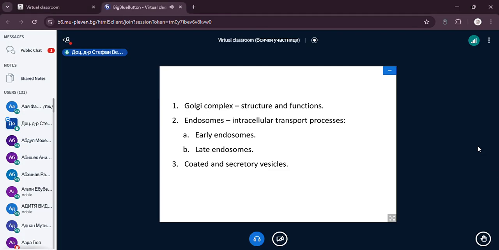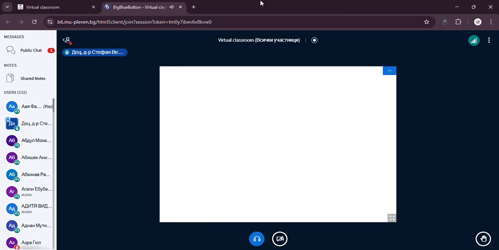Let's start with Golgi complex, and let's see what is the structure of this very important membranous organelle, and of course to correlate this structure with function.